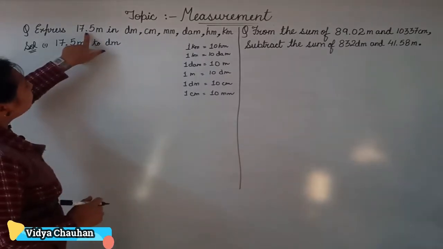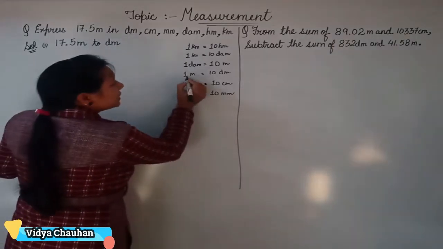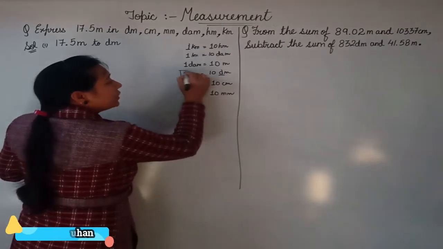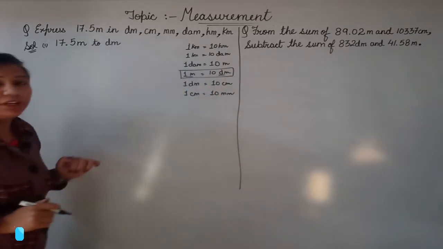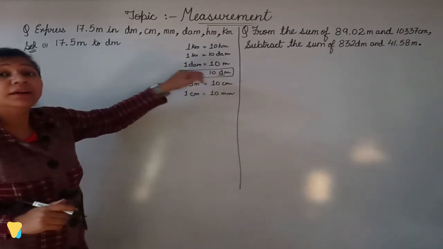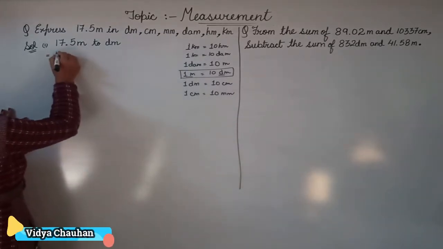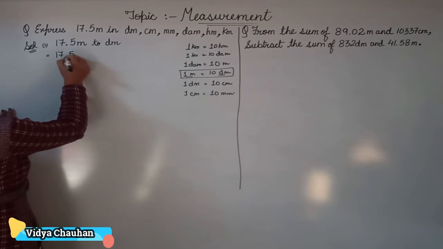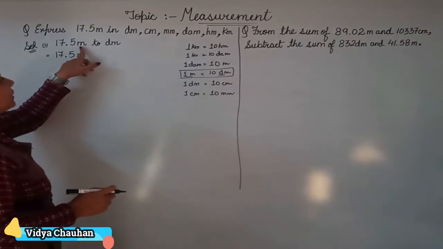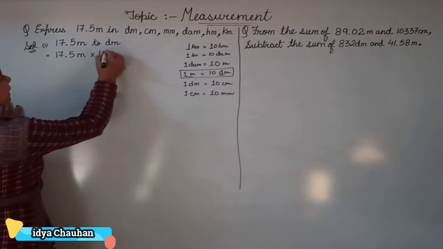So the first part, conversion of 17.5 meter into decimeter. Now here is the meter and this is decimeter. What is the relation here between 1 meter and decimeter? 10. 1 meter is equal to 10 decimeter. So since we have to convert a bigger unit to the smaller one, because meter is a bigger unit which is given to us and we have to convert it into a smaller unit, we are going to multiply it by 10.